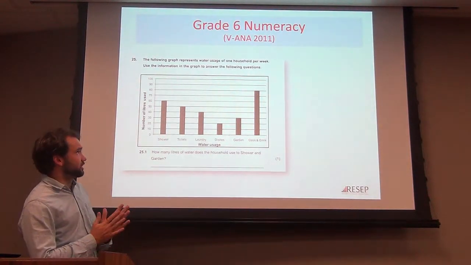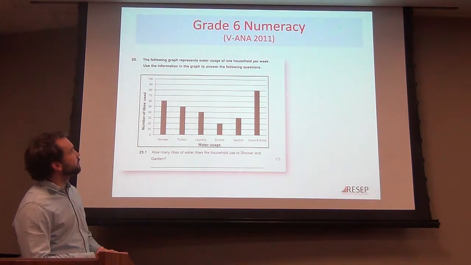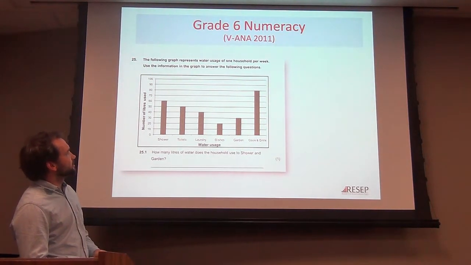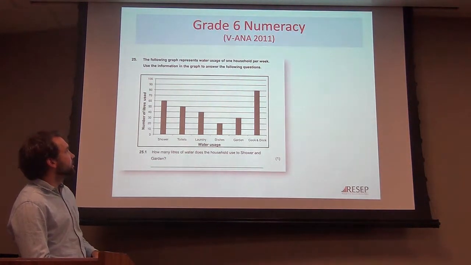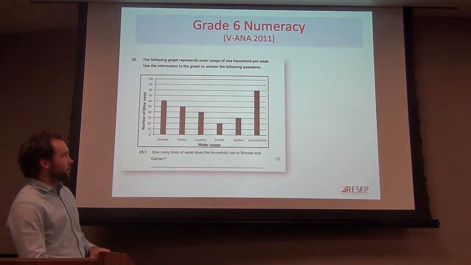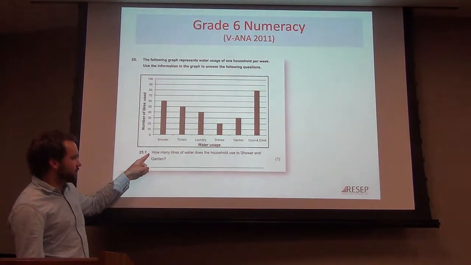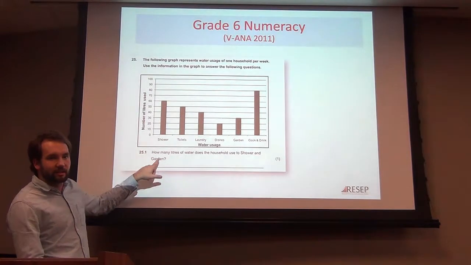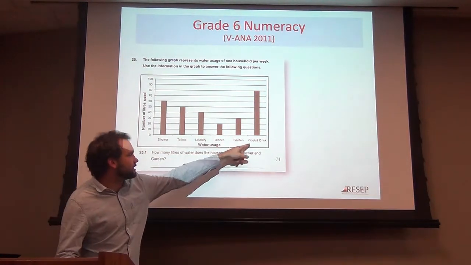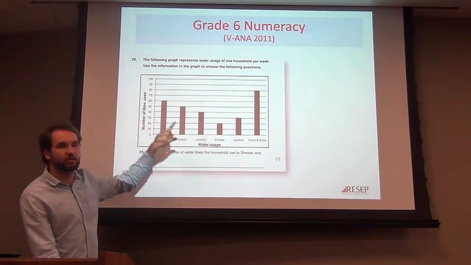The next question comes from the grade 6 numeracy test, and it asks: the following graph represents water usage of one household per week. Use the information in the graph to answer the following questions. How many liters of water does the household use to shower and garden? These are the water usage categories, and this is the number of liters used in each one.